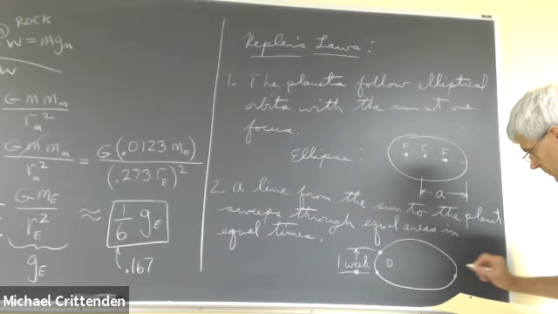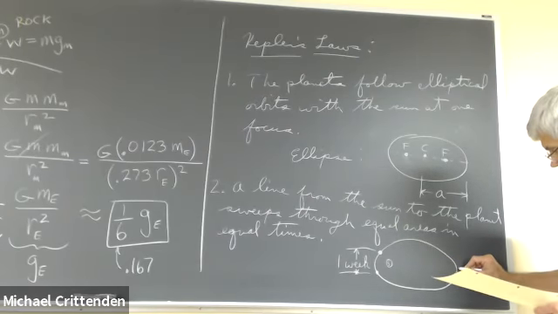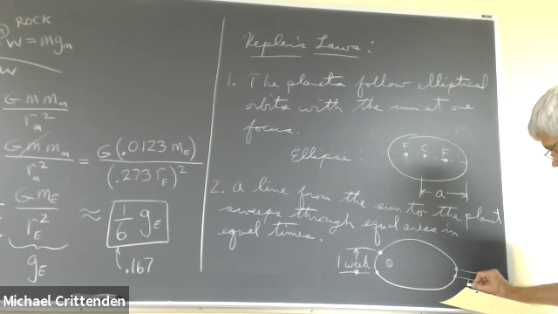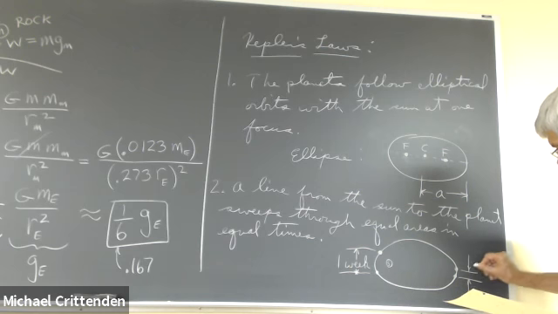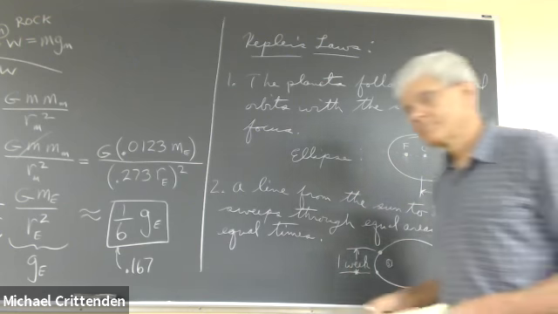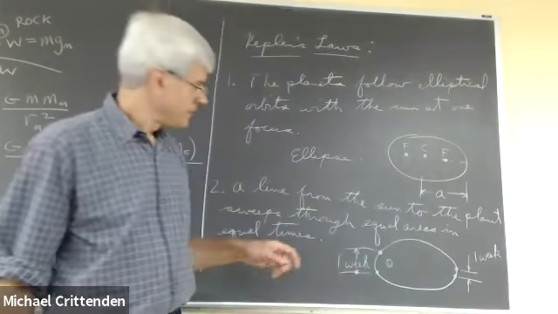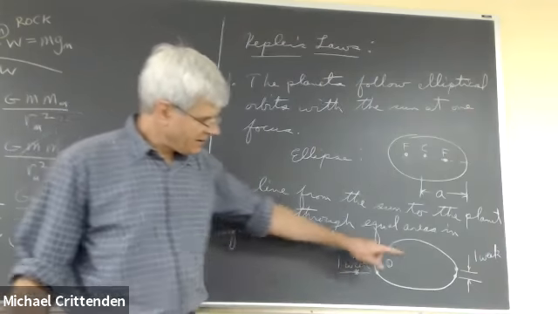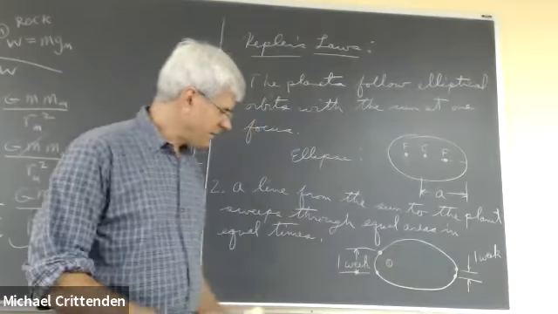At one particular moment, it's here. A week later, it's over here. So, equal times. A week to get from there to there, a week to get from there to there.